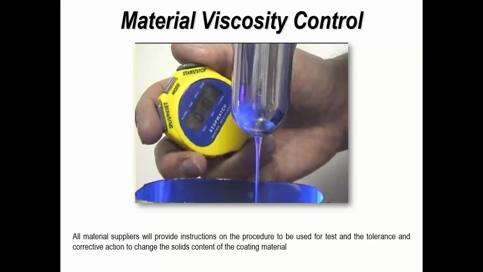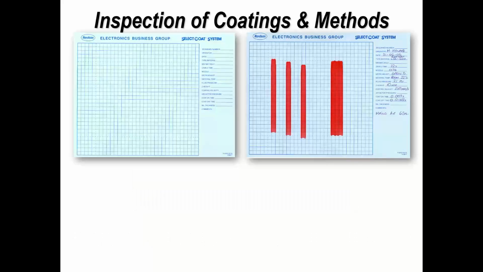And the supplier of those materials will tell you what to do, how frequently to do it, but it will also give you a graph to look for the guidelines on what to do if it's outside a specification. Again, this is something that does happen with solvent systems. As solvent evaporates, viscosity changes, so consequently the performance of the material in its application will also degrade.